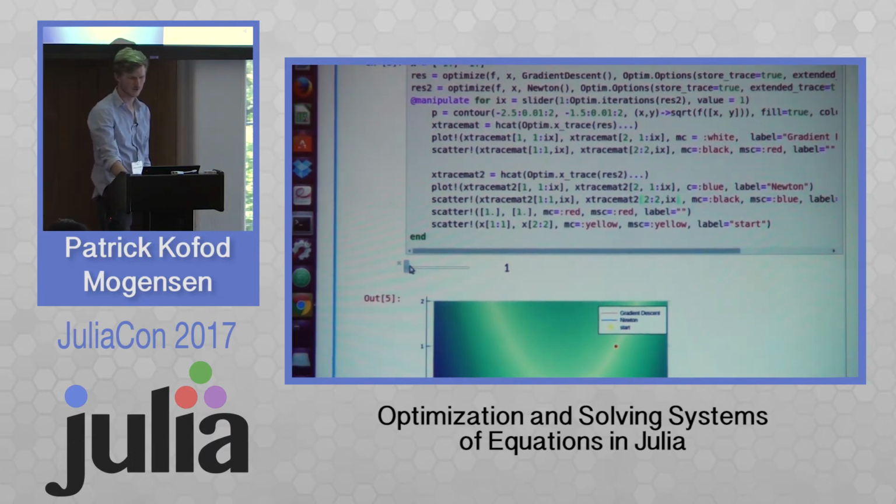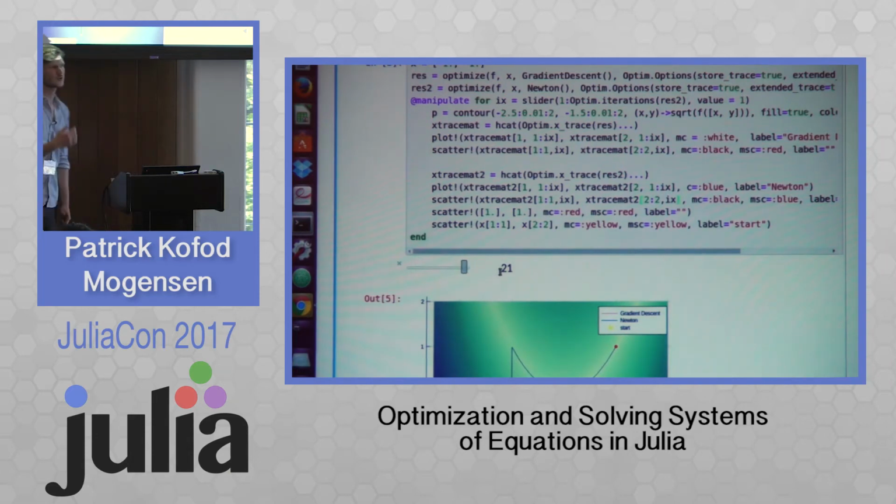So we start at 1, and then we can increase it. All right, so Newton goes up and gradient goes to the right. Gradient finds its way into the banana, and Newton starts moving along the banana. Newton's method is progressing very fast, and gradient is just grinding to a halt.